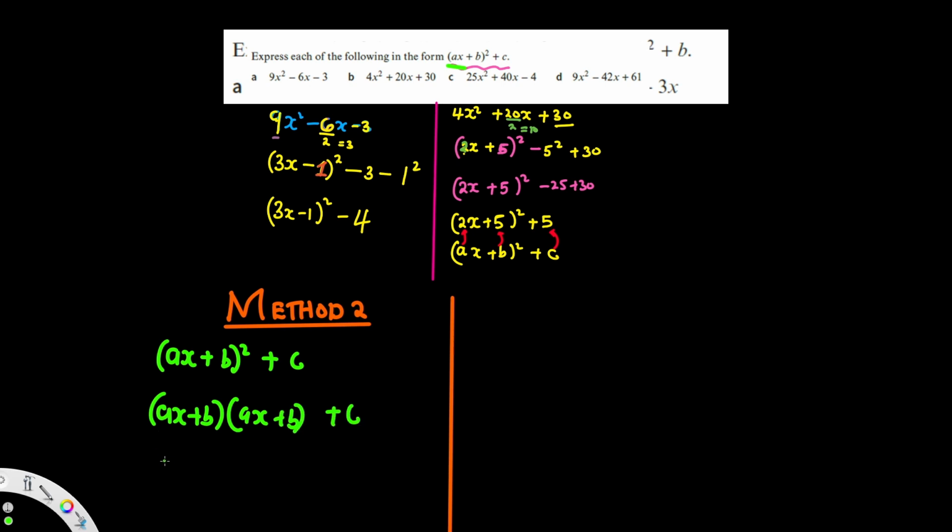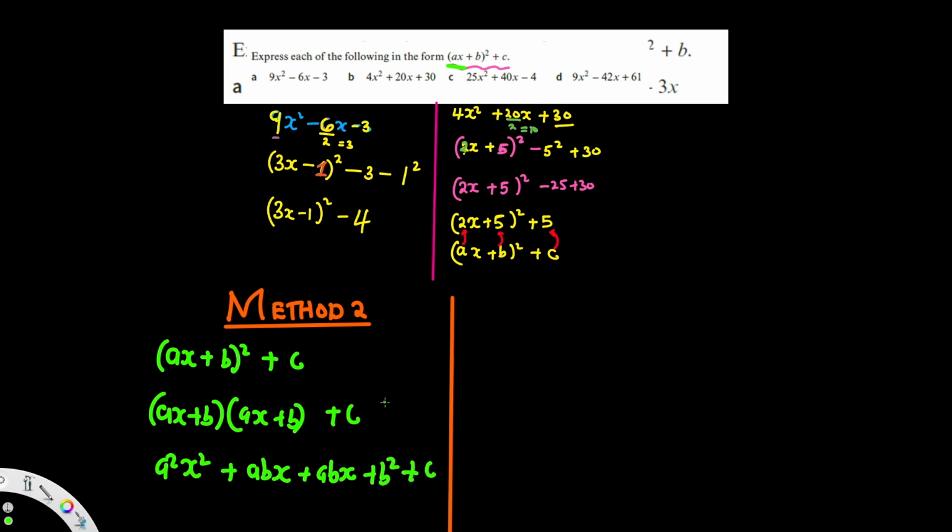This is going to be a squared x squared plus axb. Let me just write it as abx. B times ax also going to be plus abx. Then b times b will be plus b squared plus c.